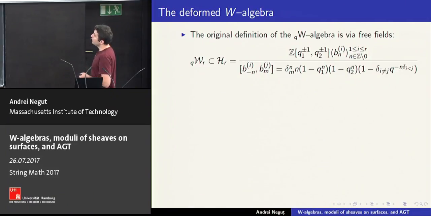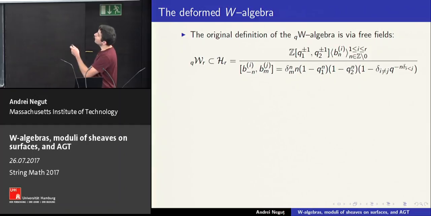The original definition of deformed W-algebras is by their free field realization. So mind you, this is not a definition I will use in this talk, but it has the advantage of being extremely explicit, and you can present it in one slide, which I think is great.